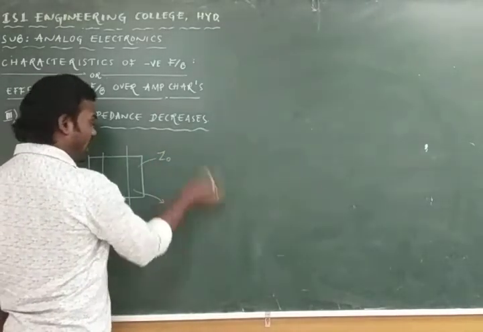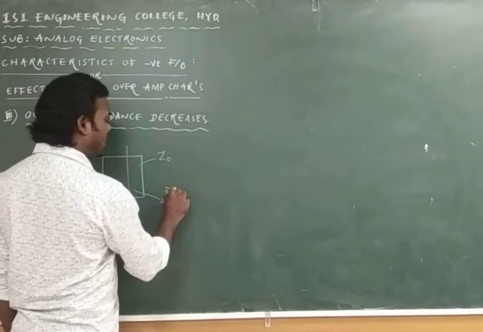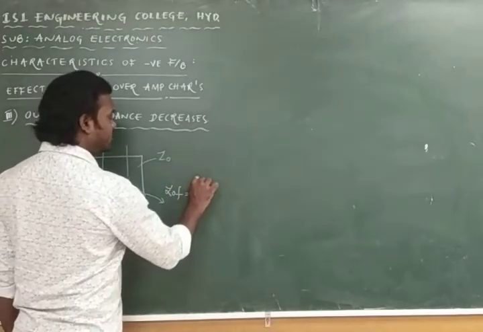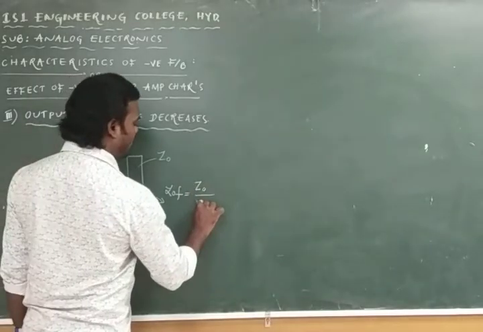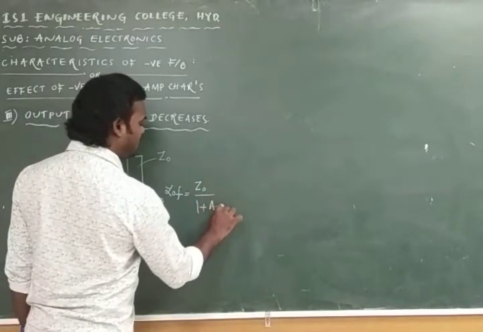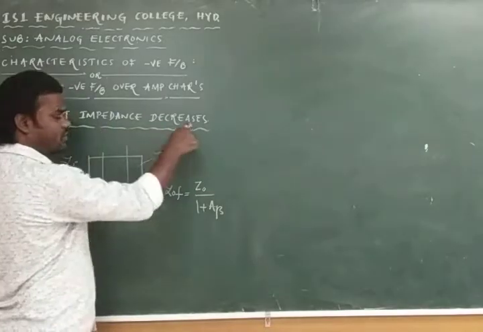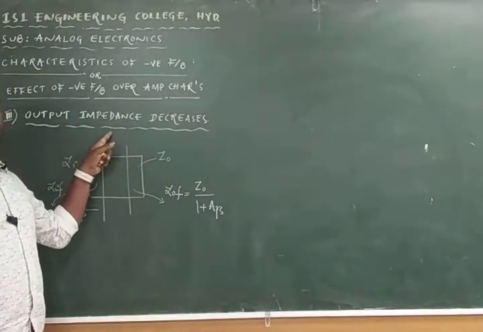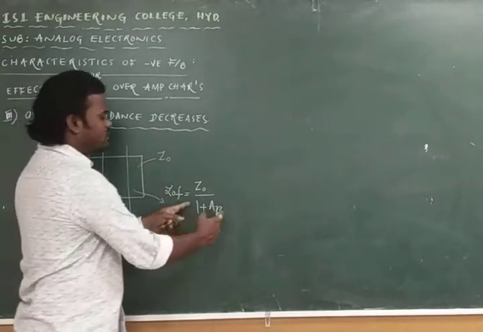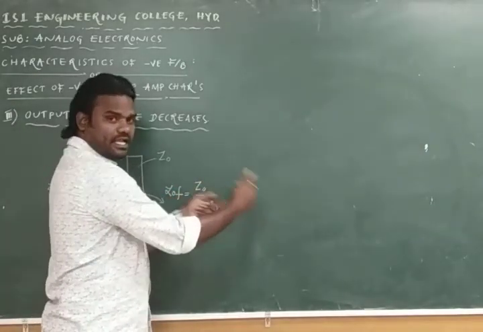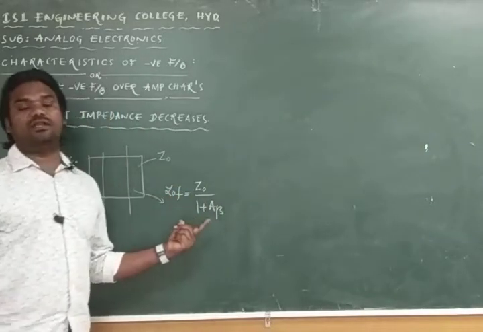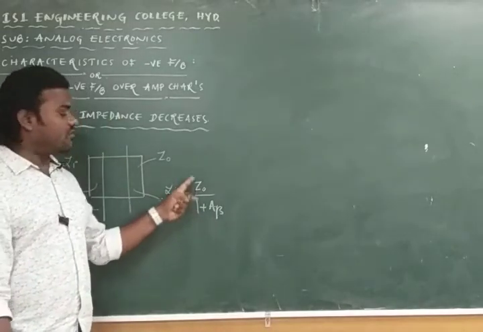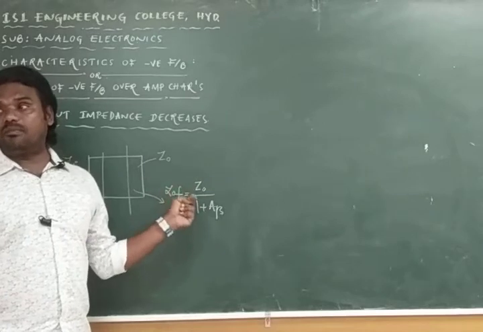But after employing the feedback, the impedance is Zof equal to Zo by 1 plus A beta, because output impedance is going to decrease. Increase means you multiply; decrease means you take it in the denominator. So Zof is equal to Zo by 1 plus A beta.